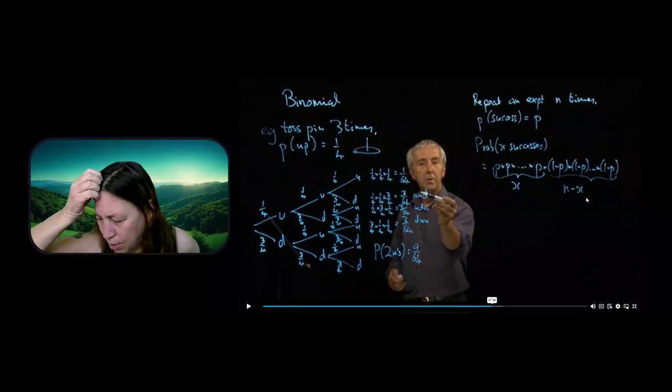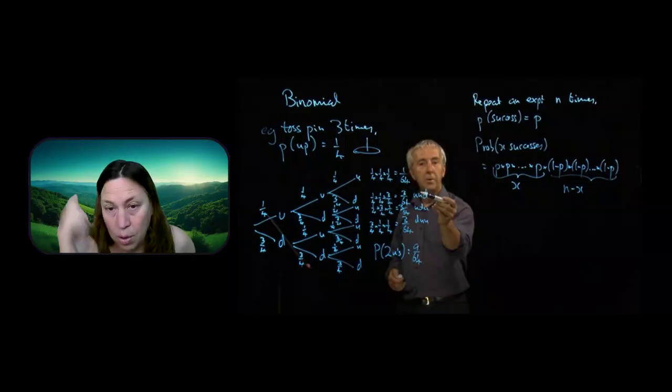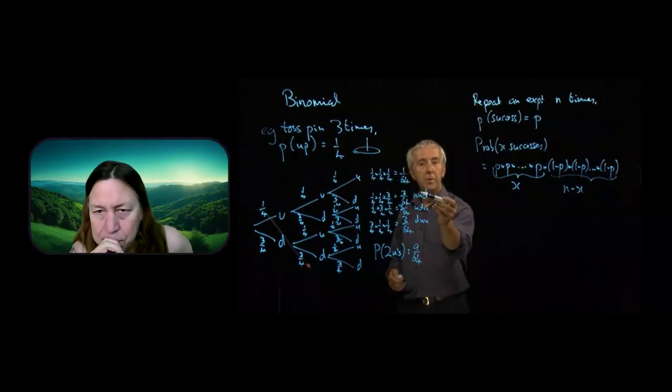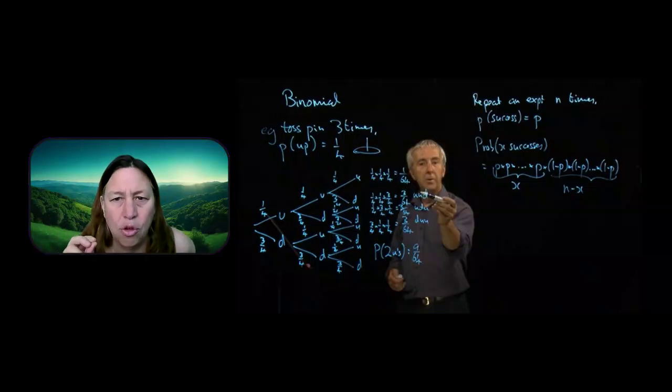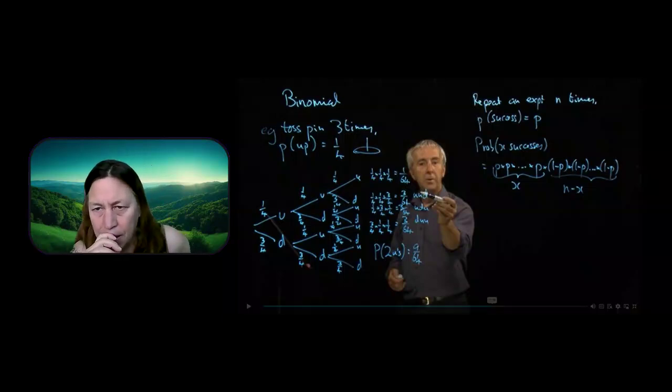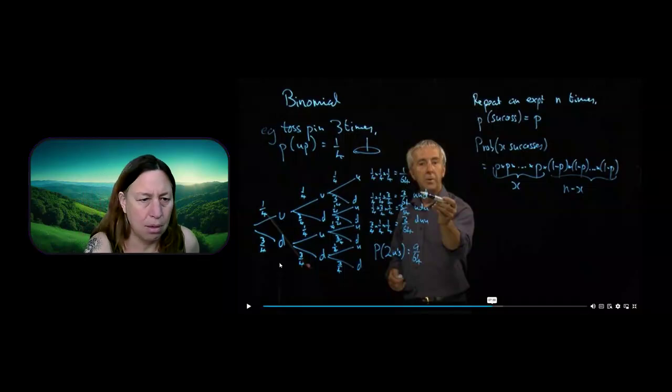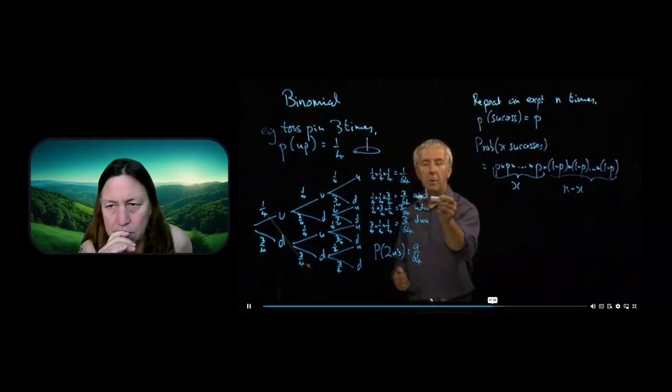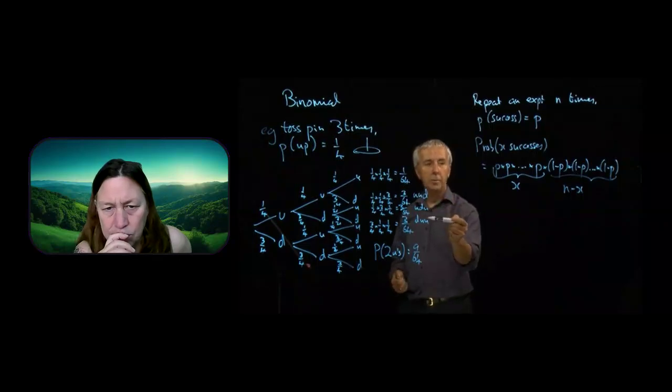So if you're doing 3 experiments and you got 1 success, then n minus x is 2, okay? So it's just taking it off the total number of experiments. And that'll be 1 minus success times 1 minus success times 1 minus success. Same final outcome, in this case 2 ups.